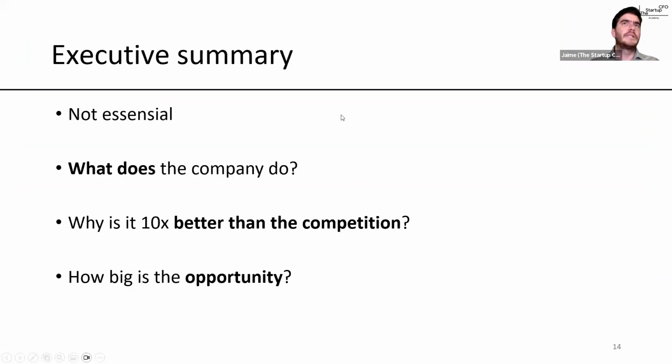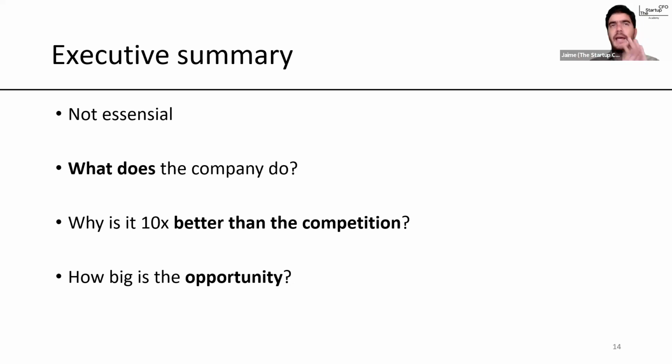So the cover, obviously, is relatively simple. The executive summary is something that we consider not essential. If you add it, it just needs to say what the company does, why it is 10 times better than the competition, and how big the opportunity is. As simple as that. Some people add more, trying to summarize the most important key messages from the presentation.